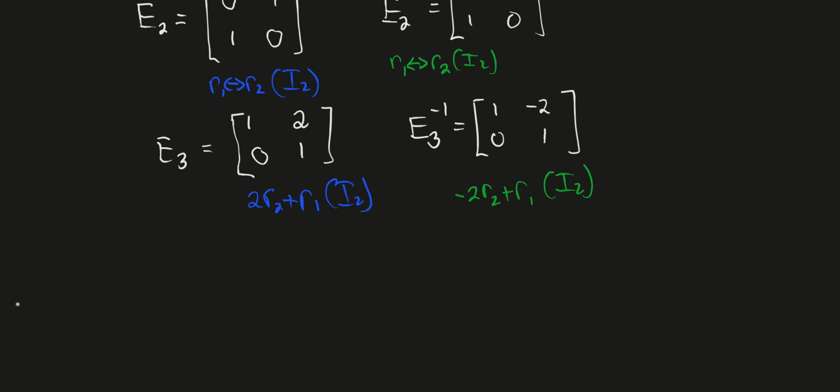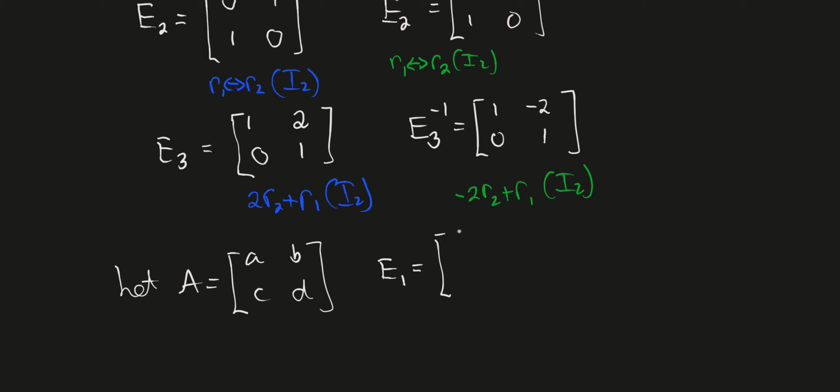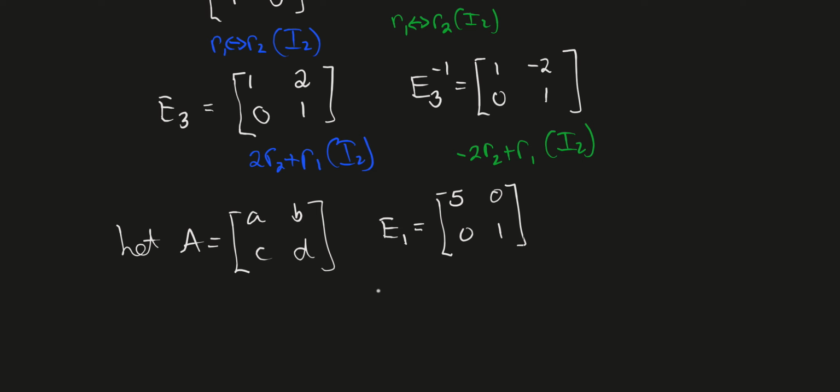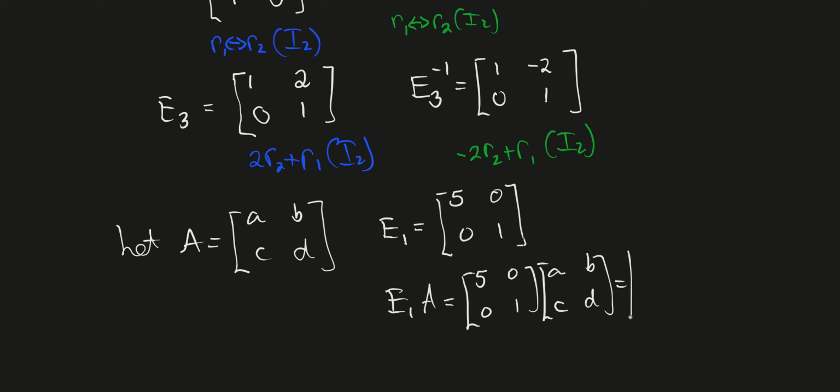Let A be just a generic 2 by 2 matrix. Let's see what happens if I take my E1, which we defined above as 5, 0, 0, 1, and multiply it by A. So if I take E1 times my general 2 by 2 matrix, this is the setup, and then we have to do our matrix multiplication, the dot product of rows with columns.